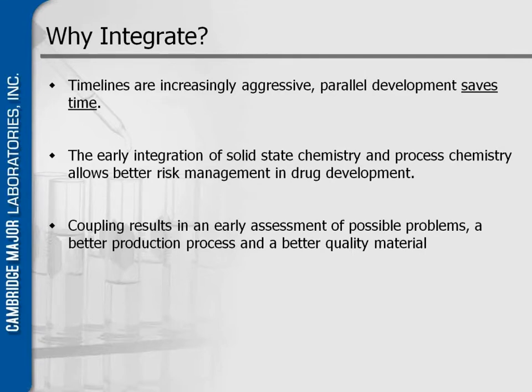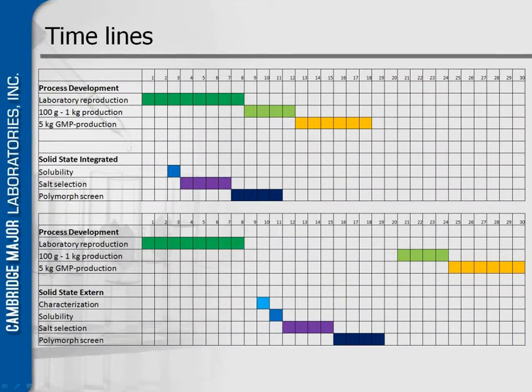Very short timelines. It's clear that when you integrate solid state, you can do it in parallel, and some things are not needed anymore. Handover of information is much easier than when two different companies work on this. Characterization of the material is not needed separately because that is done already while the process development is ongoing.